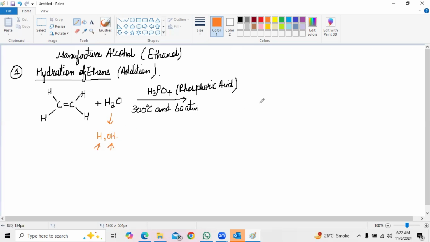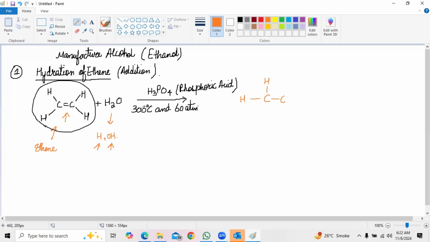So what is going to happen? This double bond is shifted to a single bond. This one is the formula for the hydration of ethene. Yes, this is basically ethene. And we are adding water to it.